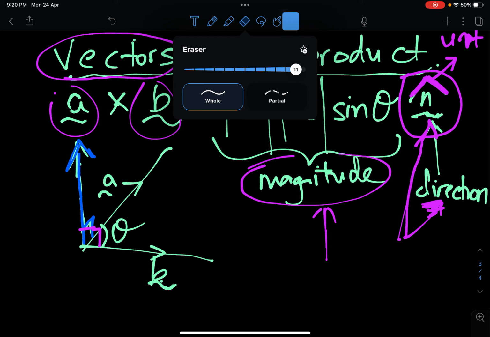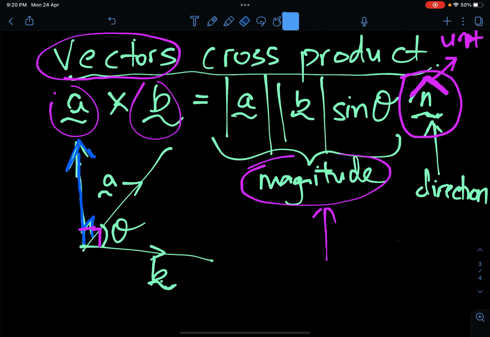The reason why I'm going through these vector cross products is because we need to use this to convert the vectors equation of a plane that is in this format. Let me just go back to the vectors equation of a plane in this format.